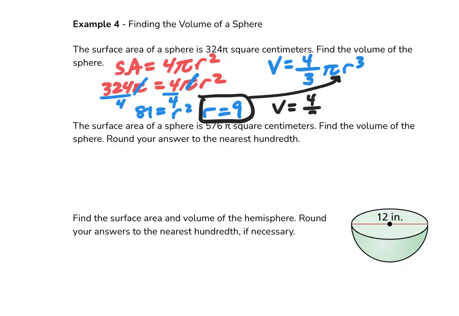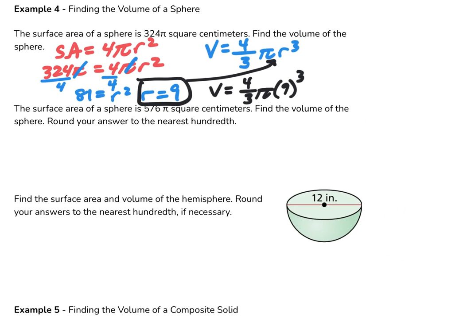So we're going to go 4/3 times pi times 9 cubed. Okay, and now it's kind of like the one we did just a second ago. Just plug it right into your calculator.